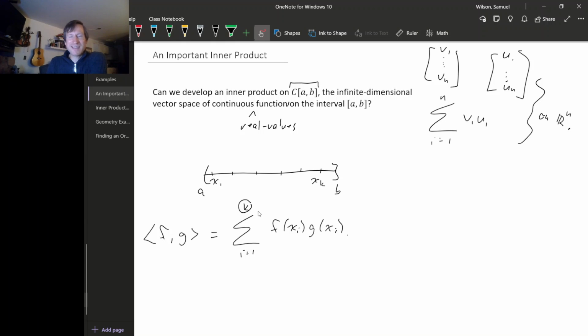How big should we make this k? Well, really we need k to be infinitely large, because if we only have a finite number of x values, there will always be gaps between them, and that will let continuous functions wiggle around so much and be 0 at all of the x values that we've chosen, but not be the 0 function.